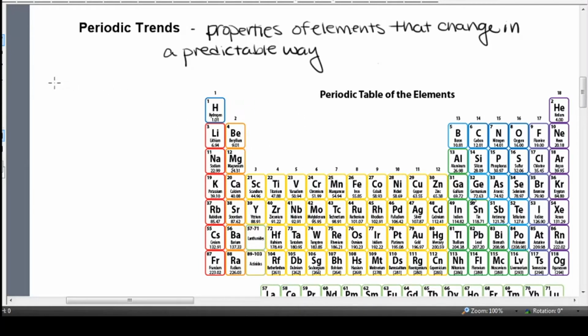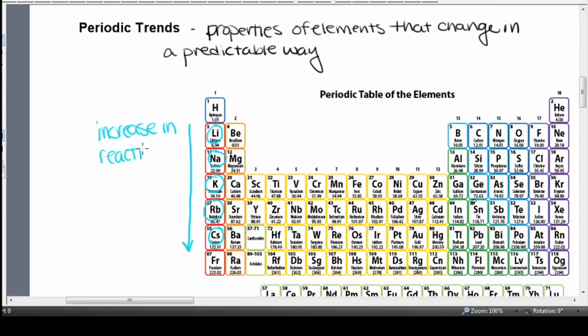And what you saw yesterday during the demo is that when we looked at lithium and sodium and potassium, and then hopefully you went on to watch the videos of rubidium and cesium, when we went down this group on the periodic table, the alkali metals, we saw an increase in reactivity.